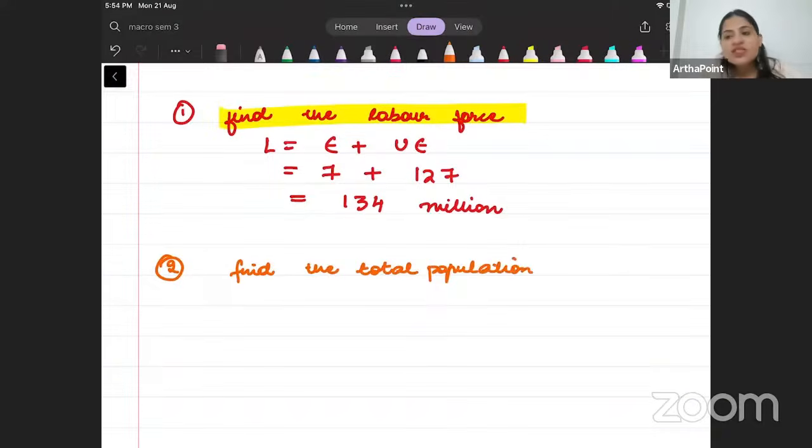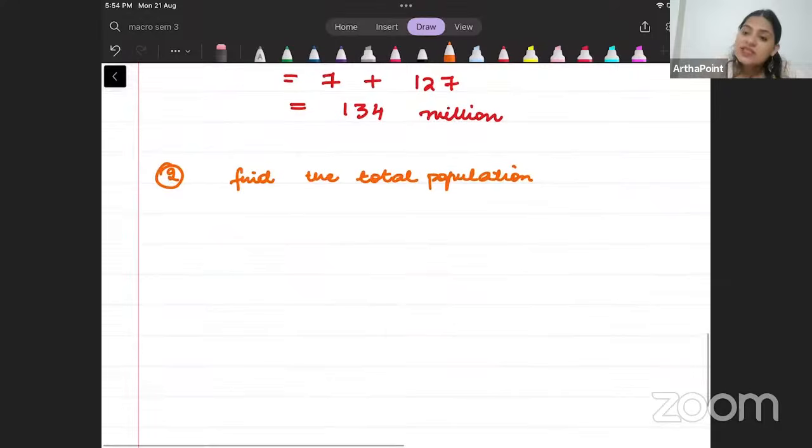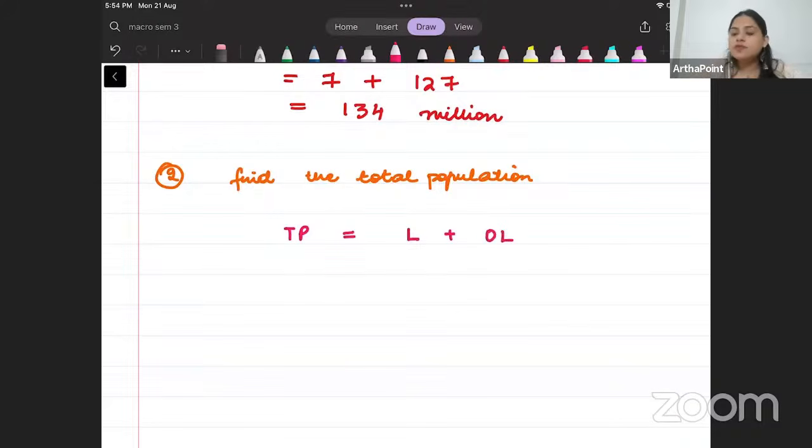So beta, here no information is given about civilians, non-civilians, dependent, non-dependent. So I can simply say in this case that total population will be people in the labor force plus out of labor force. Either they are working or not working. Either they are willing to work or not willing to work.